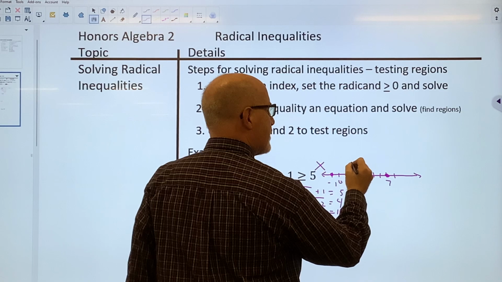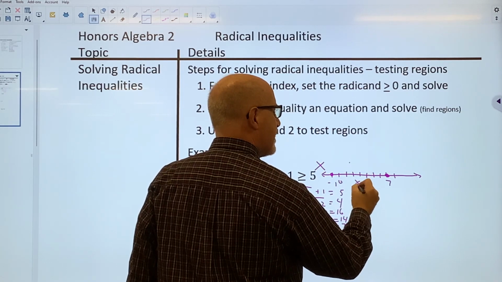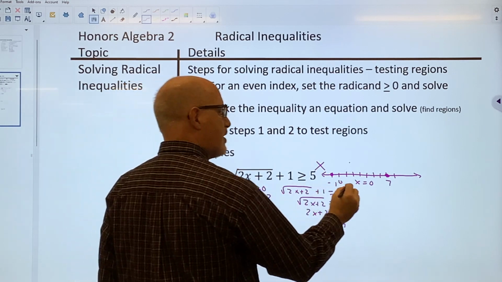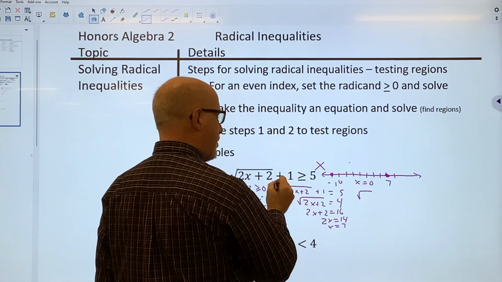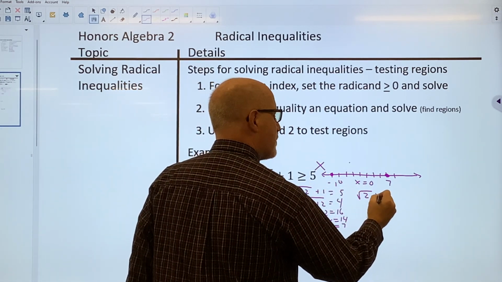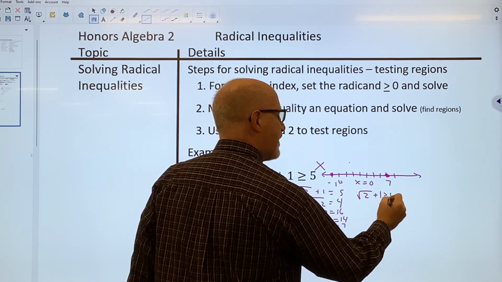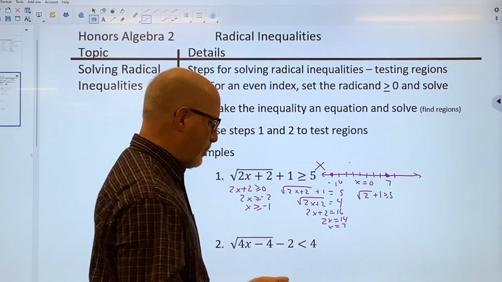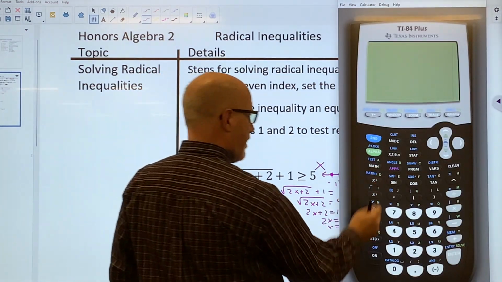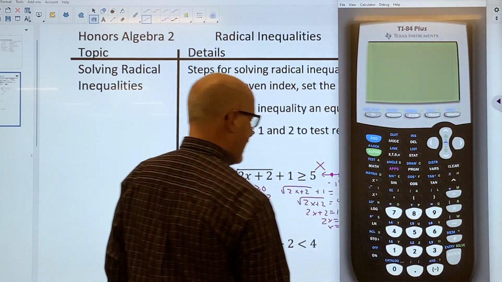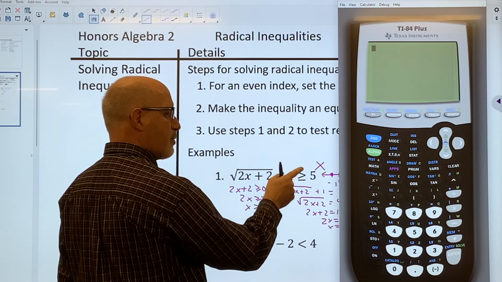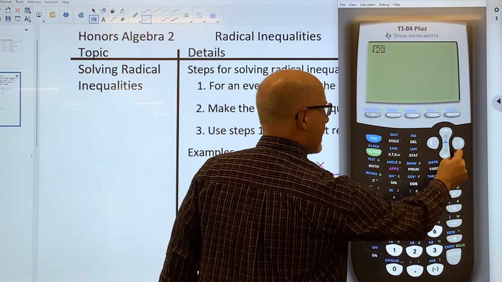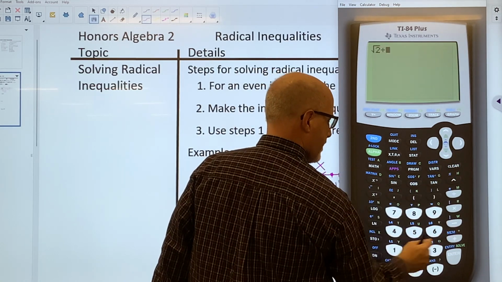Let's put in, for instance, x equals 0 and test it. If I put 0 into my original inequality, I get the square root of 0 plus 2, which is the square root of 2, plus 1. Is that greater than or equal to 5? Well, if you don't have an intuitive sense of what the square root of 2 is, we can go to a calculator and put in the square root of 2, and then add 1 to it.